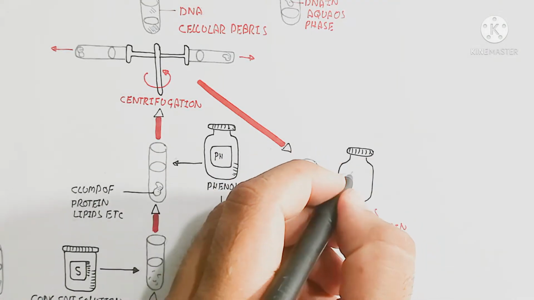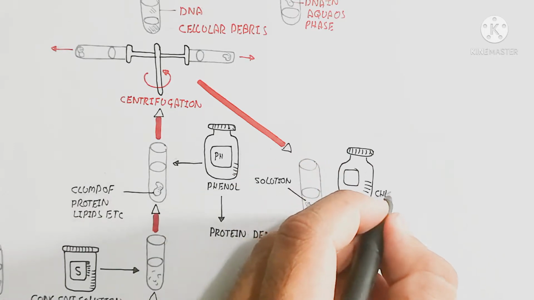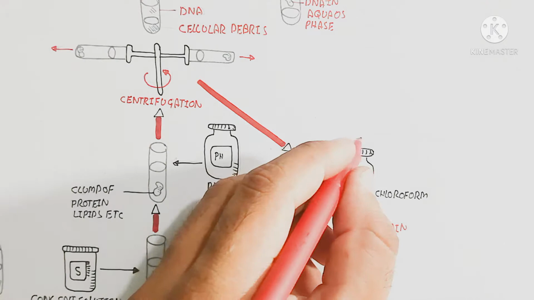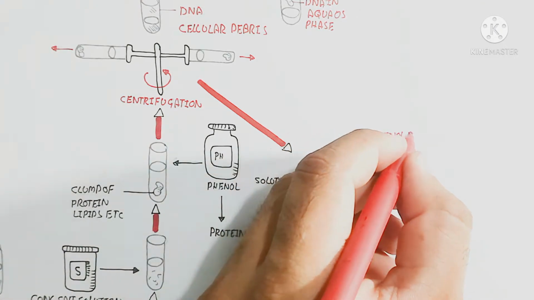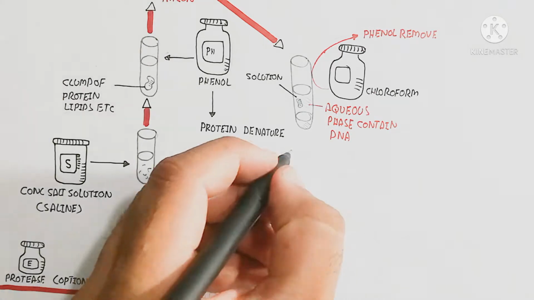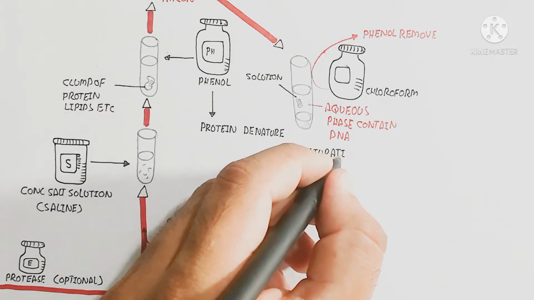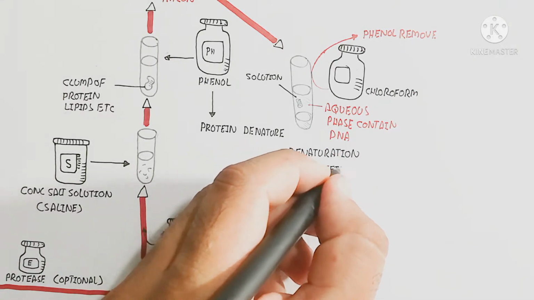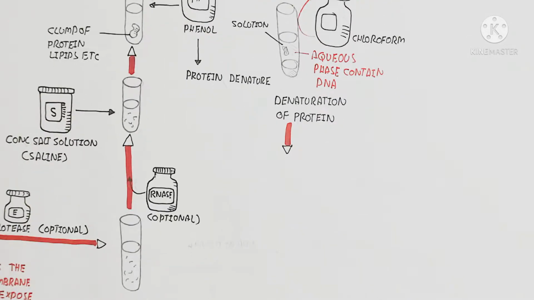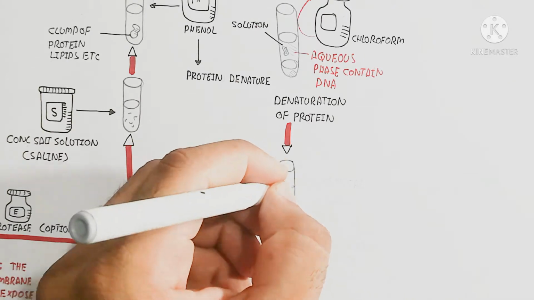The phenol was added before the centrifugation so that clumps of protein, lipids etc. form and are separated. The phenol is removed, the aqueous phase containing DNA is separated, and denaturation of protein also occurs by the proteinase enzyme.